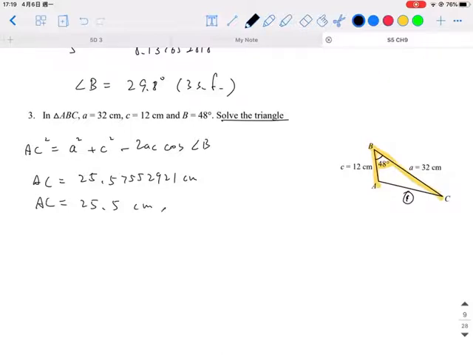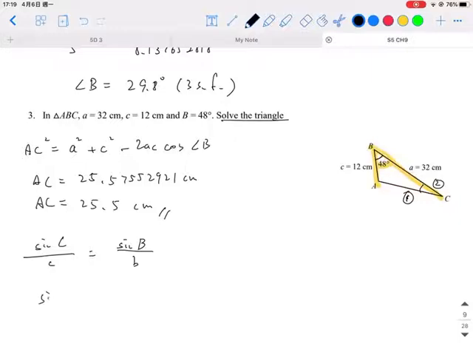Okay, first part and second part. I try to find angle C first. This is the second part. So sine C over c is equal to sine B over small letter b, that means AC.